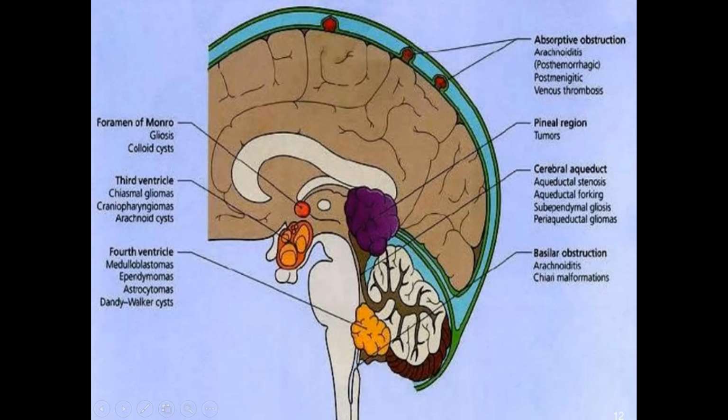Or here you can see pineal region tumors. This tumor can also block the third ventricle, and there is no flow from the third ventricle to the cerebral aqueduct. Or it is an obstruction at the level of the fourth ventricle, with fourth ventricle tumors like medulloblastoma, ependymoma, astrocytoma. So these all are the causes of obstructive or non-communicating hydrocephalus.